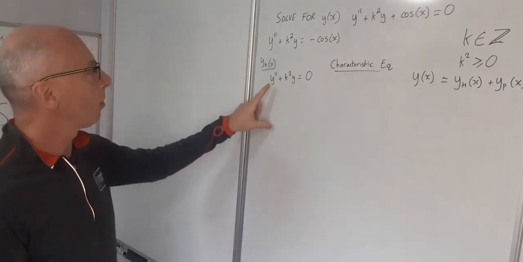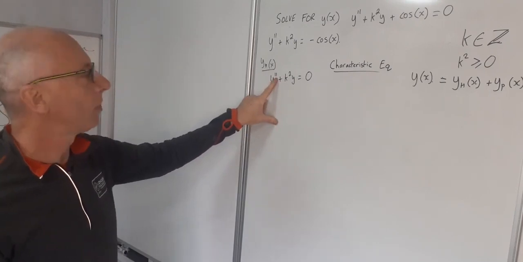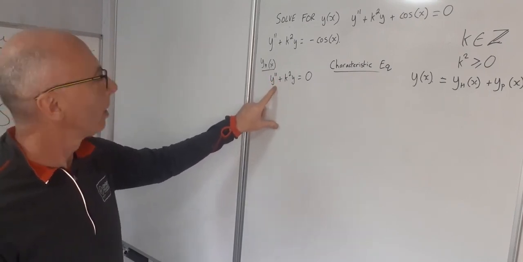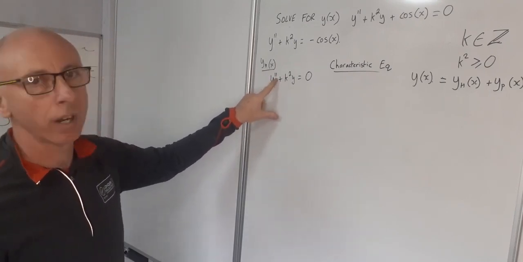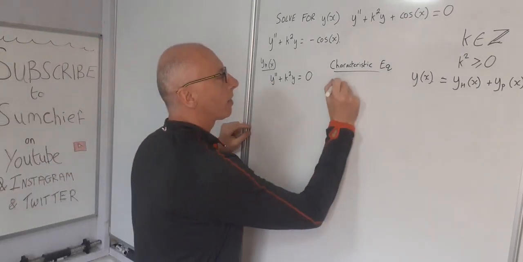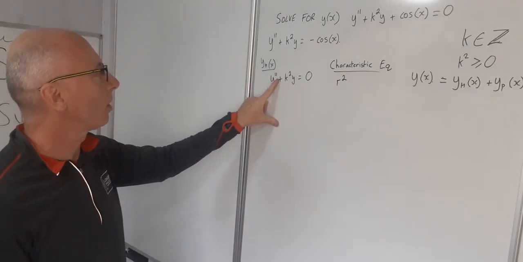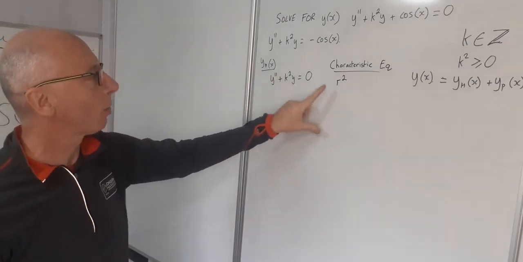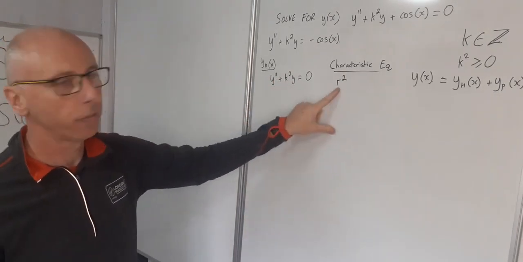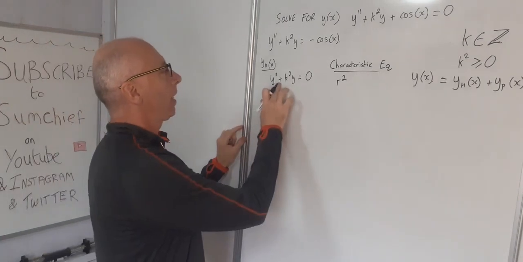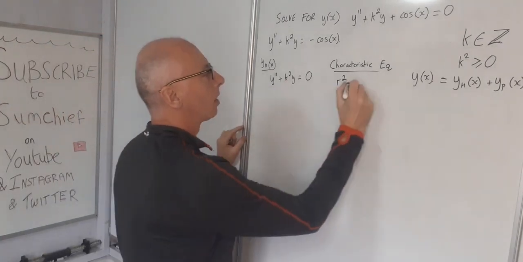Now what that does, it works on how many derivatives y is taken as. So here we've got y double prime, so we'll write this as r squared. Now 2 is for the second derivative, so that's why we write r squared, and we substitute the y for the r. Here we've got k squared.